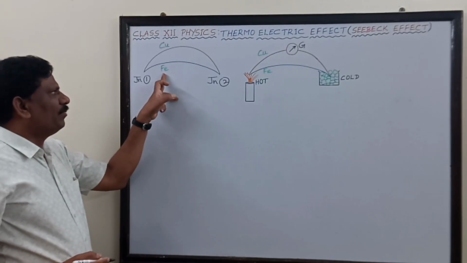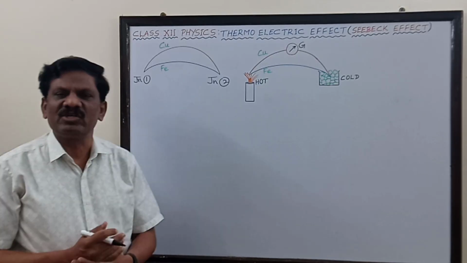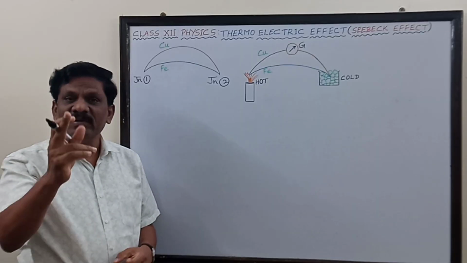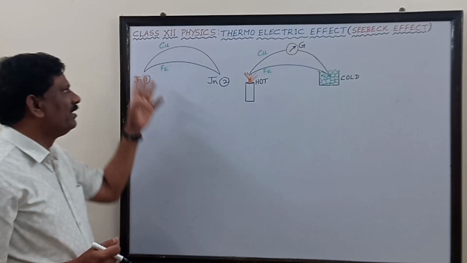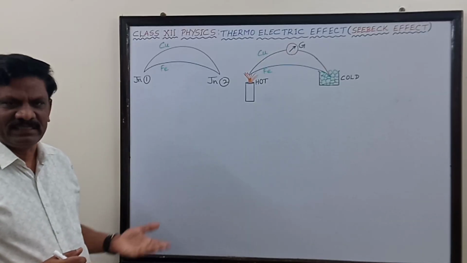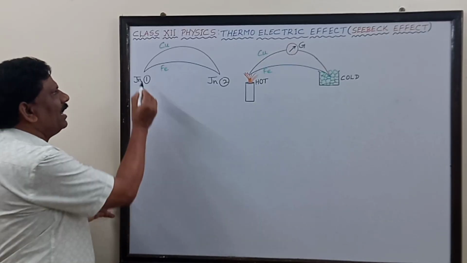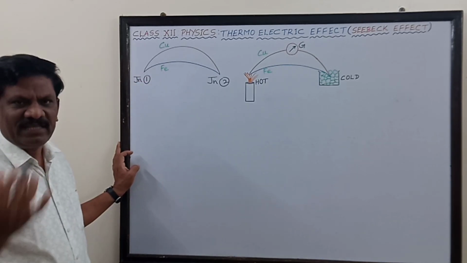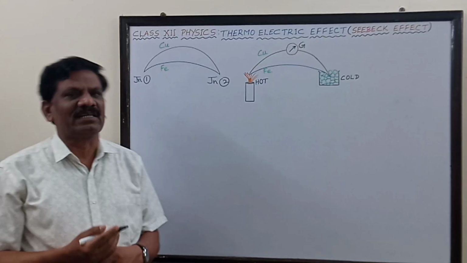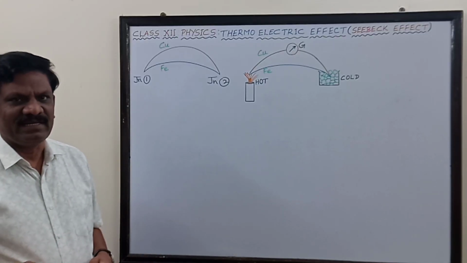Now the number of electrons available per unit volume we call electron density. That will be different for two different metals. Copper will have a different electron density than iron. As a result, the electron density across the junction will be different. So naturally there is a tendency for the free electrons to migrate from a higher concentration to a lower concentration.